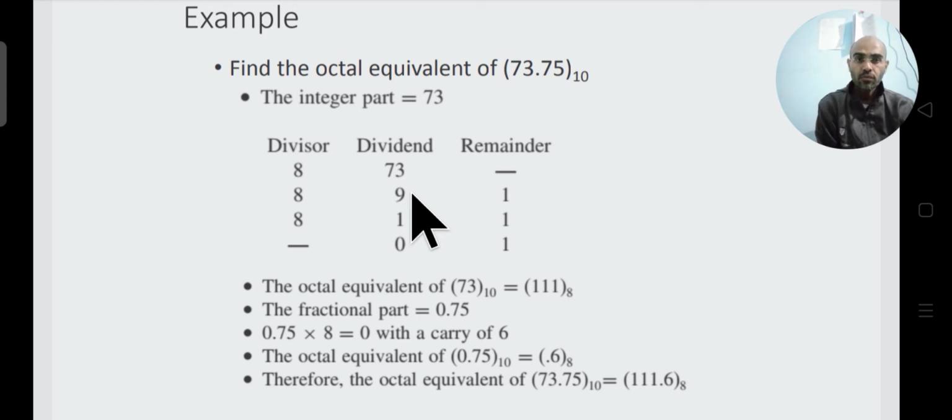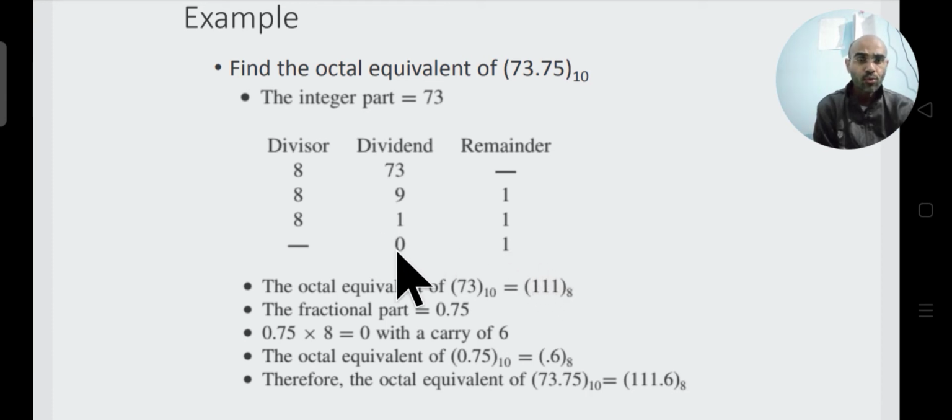Now we again divide it by the divisor 8, and we get 1 as the remainder, which is noted here, and the quotient is also 1. Now this quotient is less than the divisor, so we cannot divide it any further. So this quotient is written here again.